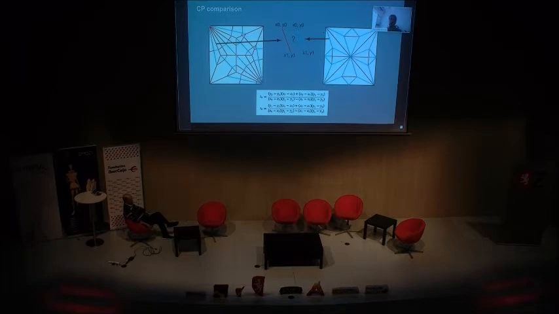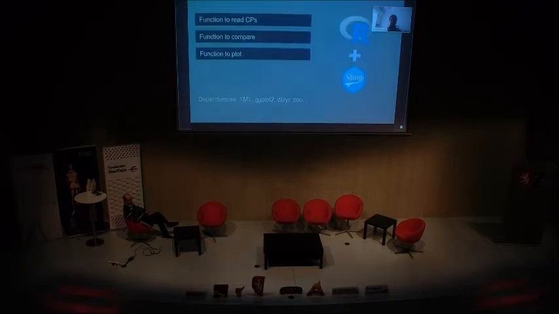So from this comparison, we can find a number of similarities. It is not exactly a percentage of similarity, but it's a number that represents how similar these two crease patterns can be.